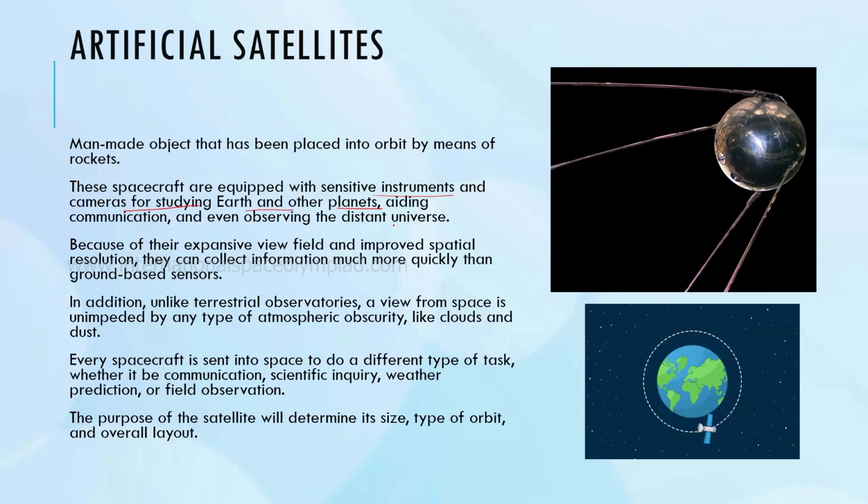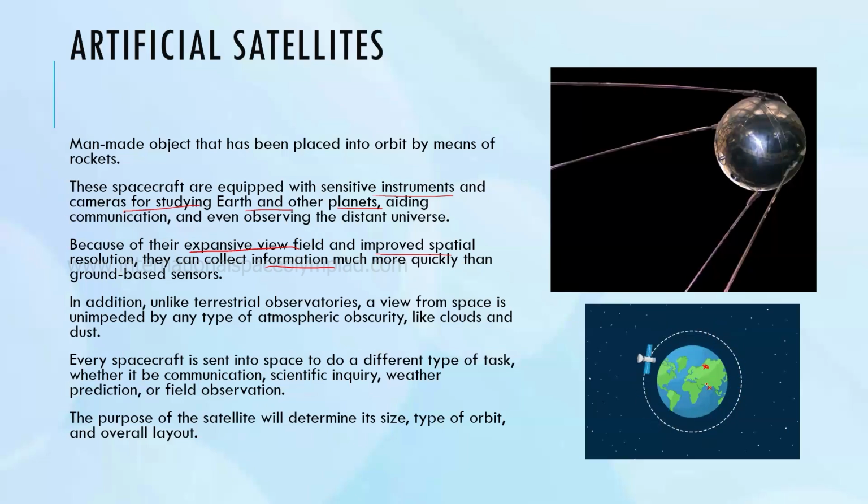The advantage of measuring from space is that it is so easy to see a vast area. Just imagine a drone, even a small drone at some height, it can see a vast area. That is one advantage. Its expansive field of view and improved spatial resolution can collect information much more quickly than ground-based sensors. Imagine that I am standing somewhere here and I want to see what is happening there.